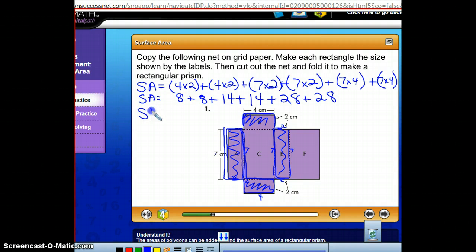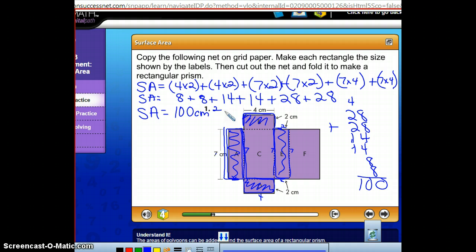Now we need to add them all up. 28 plus 28 plus 14 plus 14 plus 8 plus 8. We have 4 8s here, that's 32, 33, 34, 35, 36, 37, 38, 39, 40. We get 100 centimeters squared.